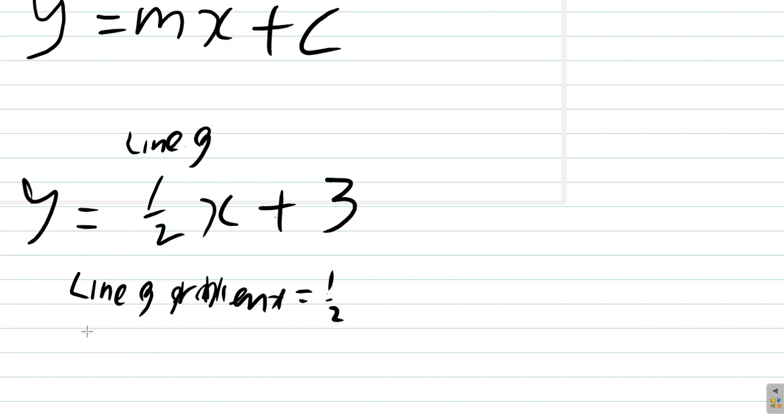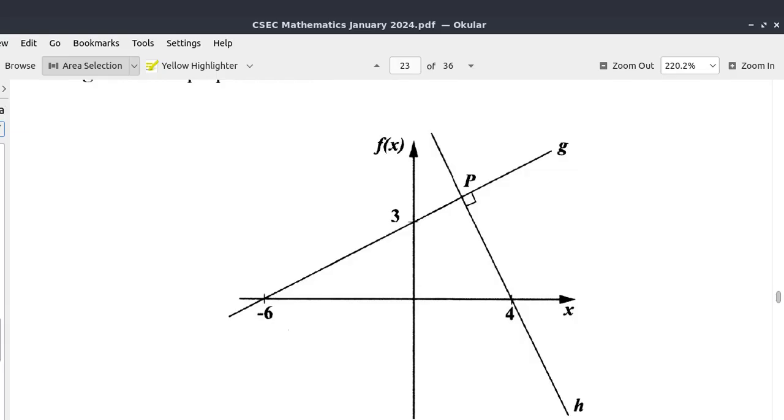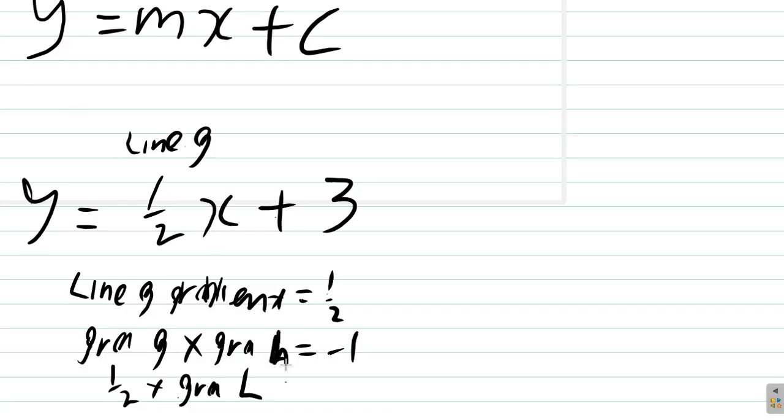Now, here, gradient of G multiplied by gradient of H must be negative 1. So, half times the gradient of line H must be negative 1.